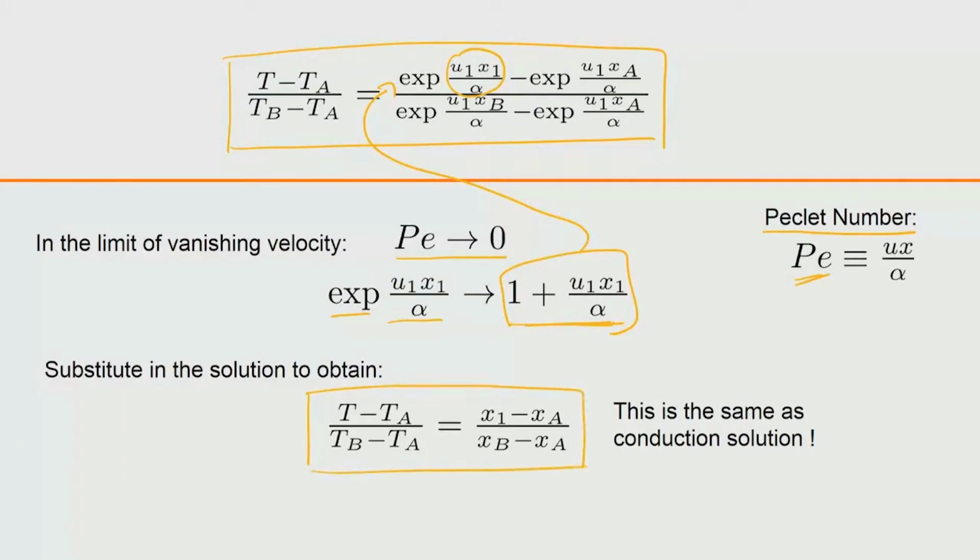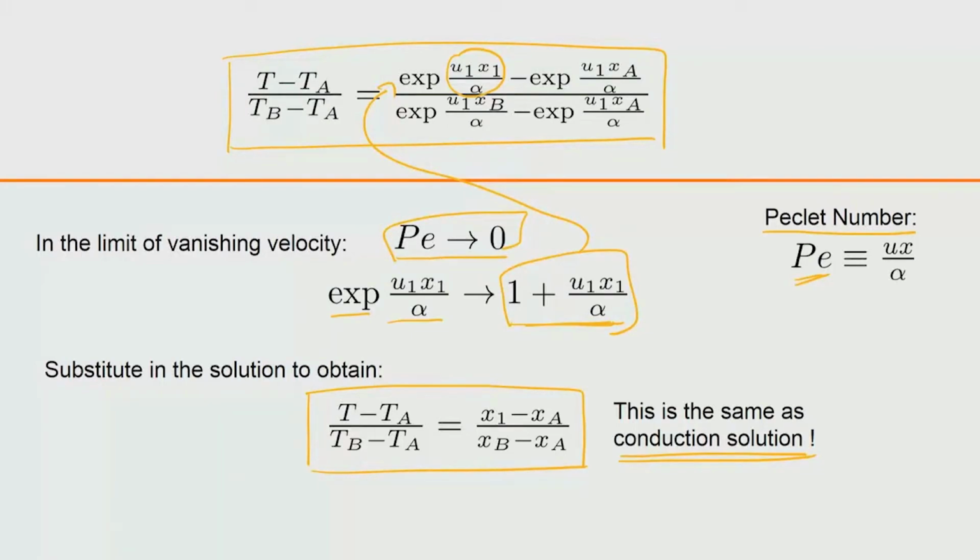It would just come to be the same differences in distances as temperatures. In other words, it is going to be just a straight line approximation, which is basically a conduction solution. So, we have retrieved the conduction solution, though convection is the starting point, in the limit of convection being negligible. So, that means that the solution is valid.